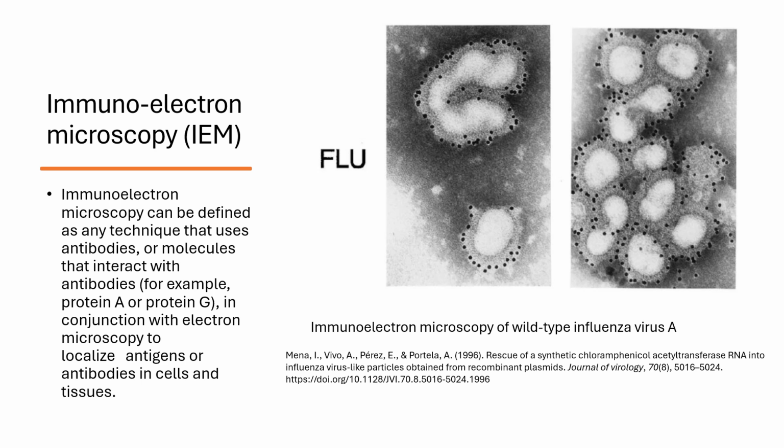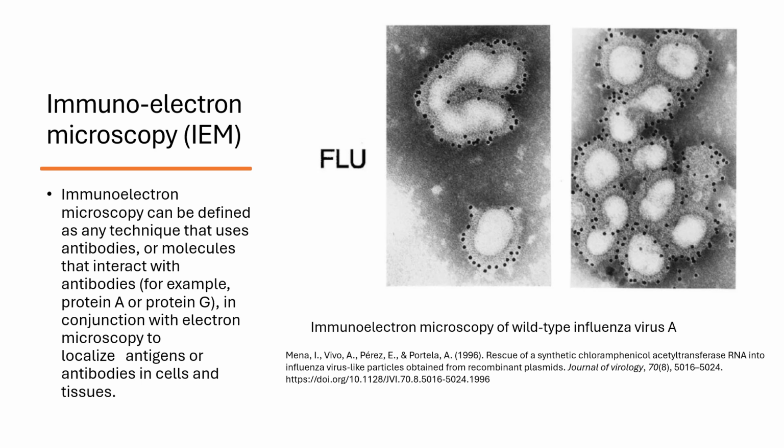A sample containing the virus is prepared and placed on a grid. Antibodies specific to the virus of interest linked to an electron-dense marker like gold particles are added to the sample. The antibodies bind to the virus particles, antigens. The sample is then washed to remove any unbound antibodies.